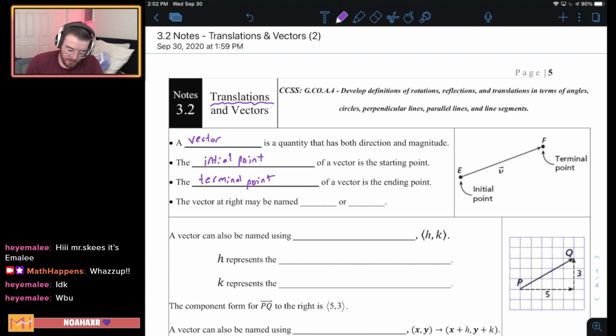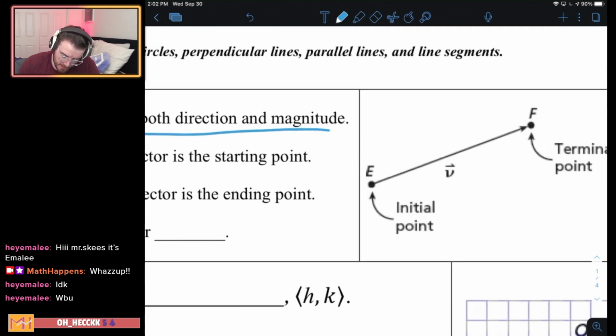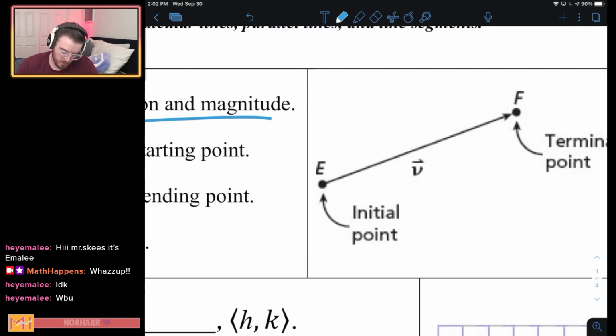So let's diagnose this right here. A vector is a quantity that has both direction and magnitude. So direction, sort of like a ray. What does this picture remind you of? It reminds you of a ray. It's starting here and going all the way out here.